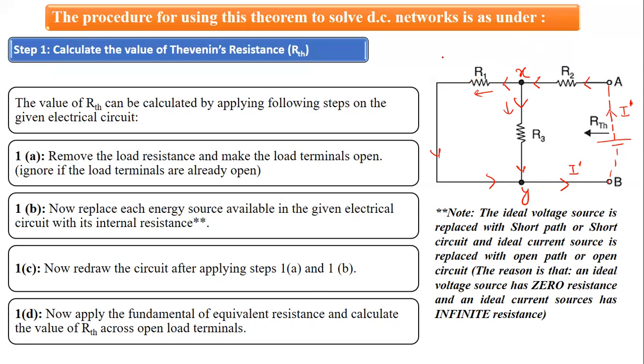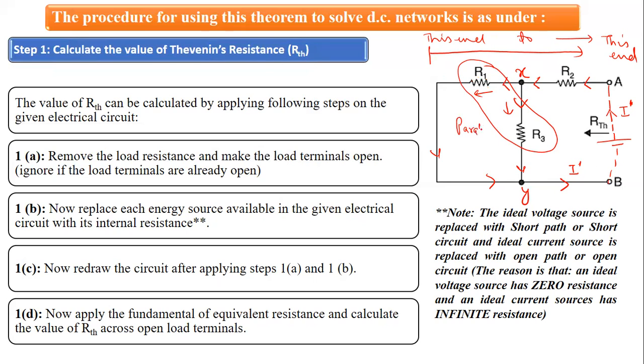Now, we will simplify this network from this end to this end, right? So these two resistances are in parallel, and these are in parallel, and the combination is in series with this one.